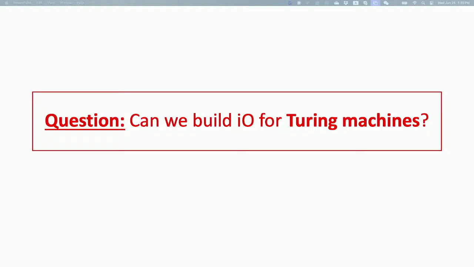So in an obfuscation for Turing machines, the obfuscator should take the input program as a Turing machine, and the obfuscated program should also be represented as a Turing machine. And as Turing machines, they should be able to execute on inputs of any unbounded input length.